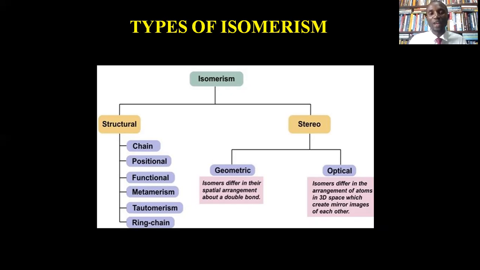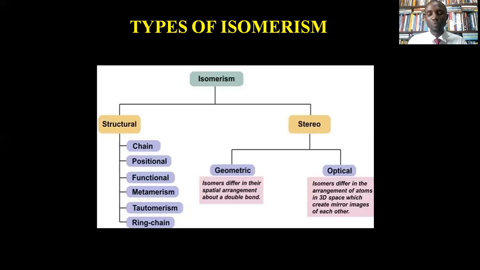All of them are under structural isomerism. Then in stereoisomerism, we have geometric isomerism and optical isomerism. But basically, isomerism is classified into two types: structural isomerism and stereoisomerism. Note this. Under the two, we have different subtypes.